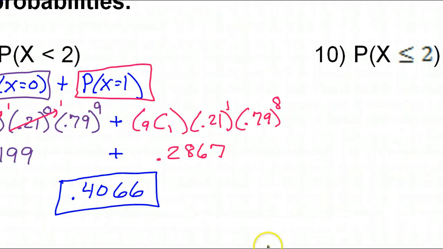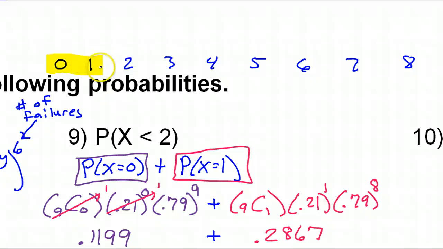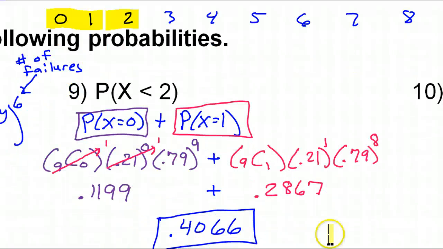Well, the only difference in my analysis, looking at my list again, these are the numbers that were less than 2. If I want the numbers that are also equal to 2, I need to include the 2. So I need to do the probability of 0 plus the probability of 1 plus the probability of 2.